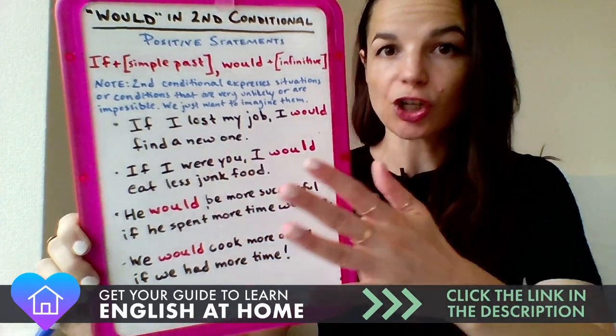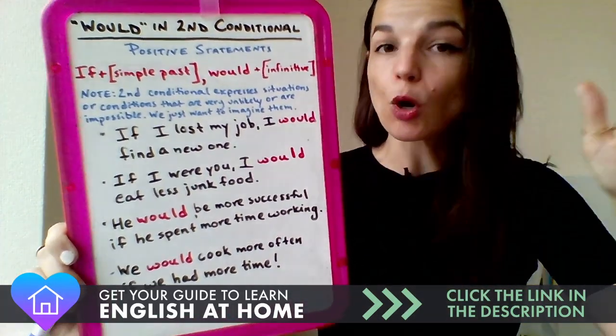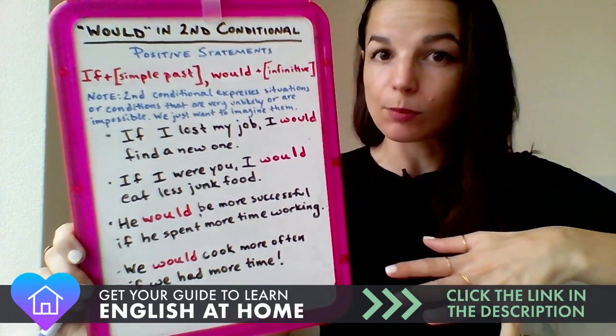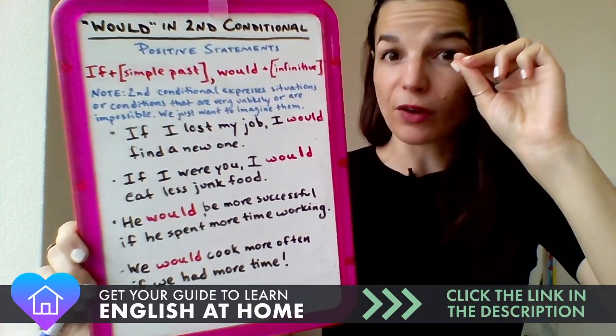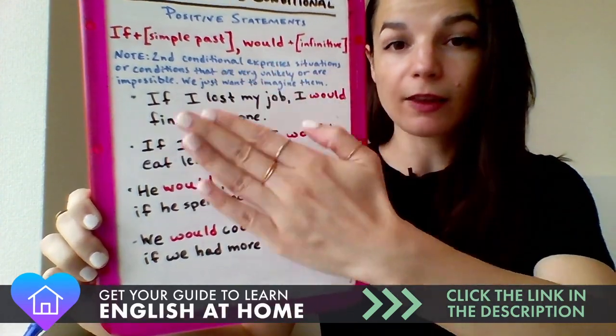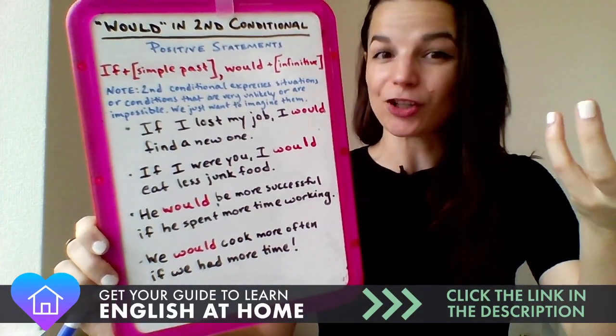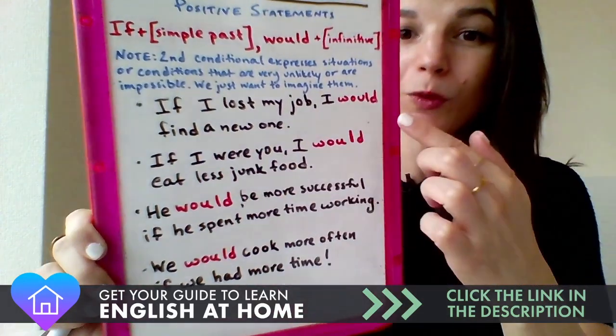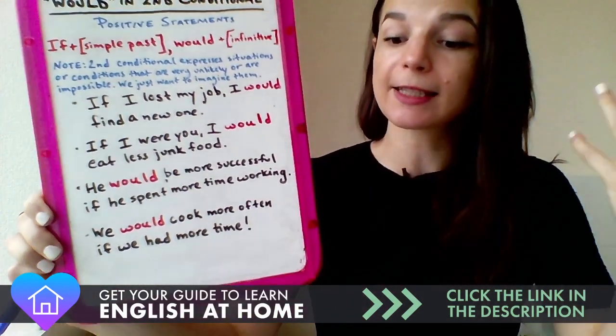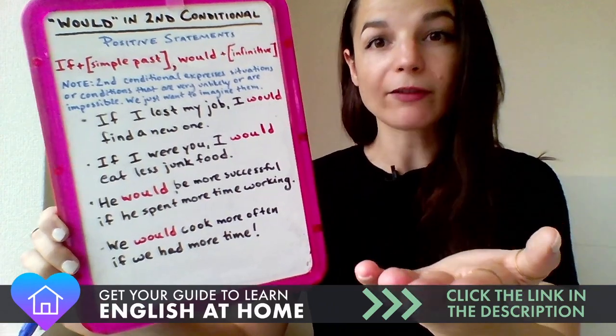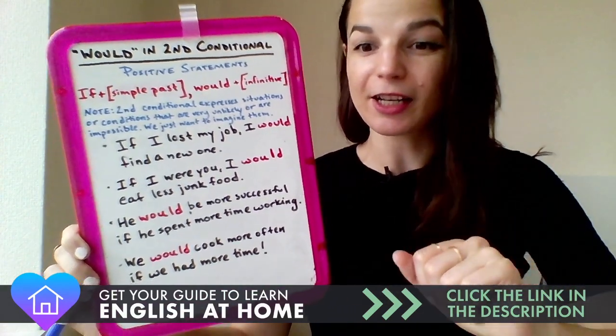With second conditional, there's almost zero chance, no chance, it's impossible, or there's a very, very small chance of the condition or the situation. So we just want to imagine that. So we use would to express that. So let's look at some examples. And if you have an example, please feel free to send it in the chat.